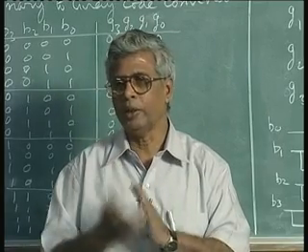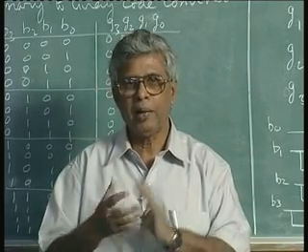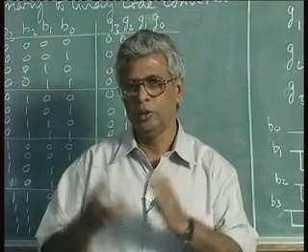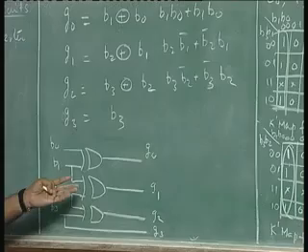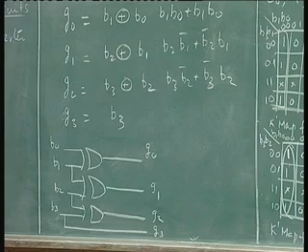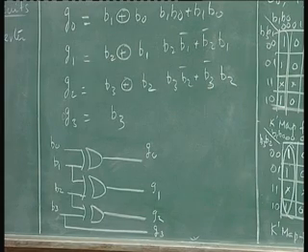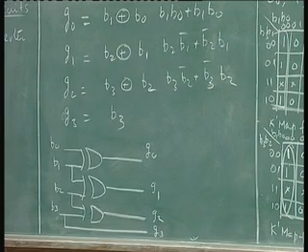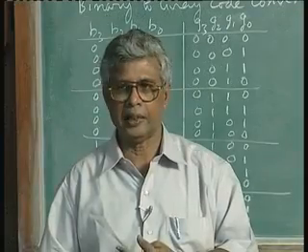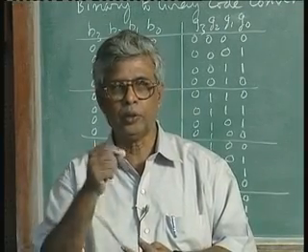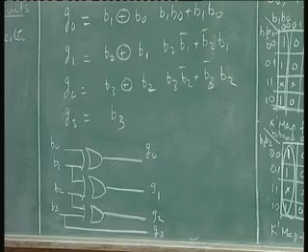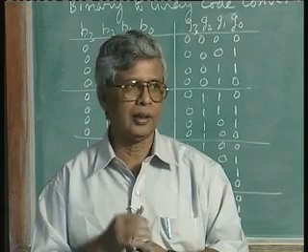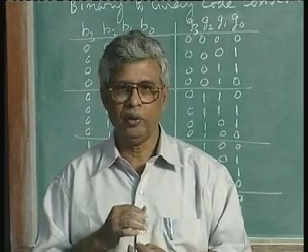Write the truth table, get the map, do the simplification and draw the circuit, get the gates, go to the lab, wire it, measure it and test it. That is the simple design procedure of a digital system, and I showed you with 2 simple examples which are practical examples.